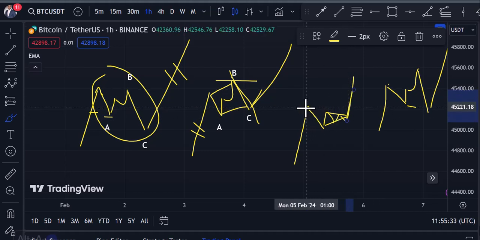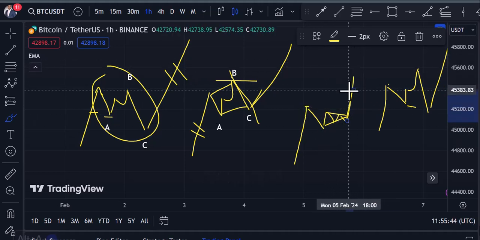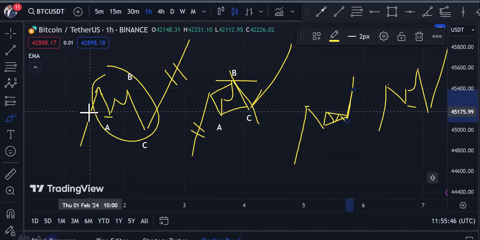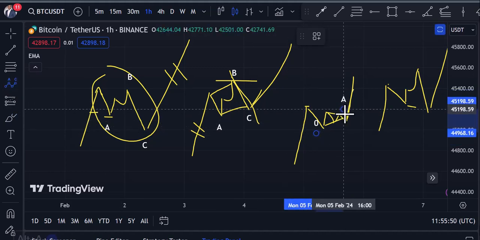So that's why we always try as much as possible to follow this as it forms, because it's always explosive as it's breaking up here, guys. So this is still the same thing, A, B, C.